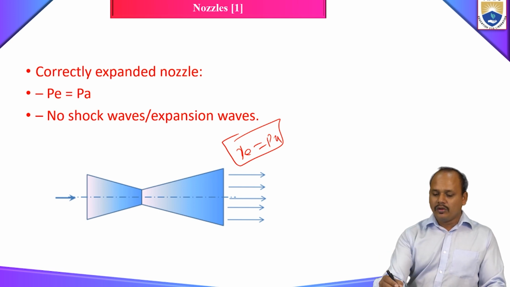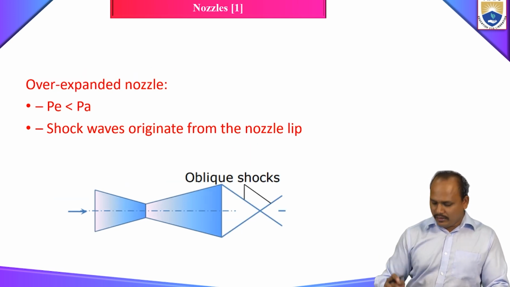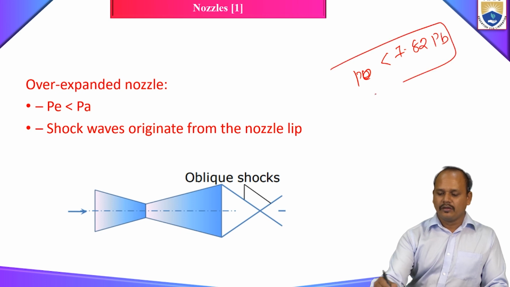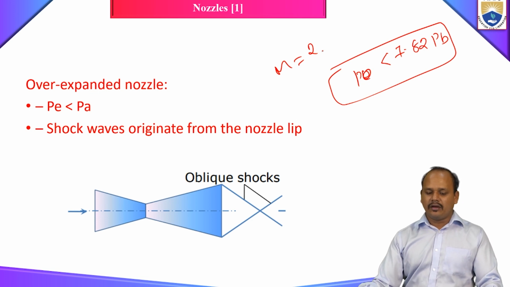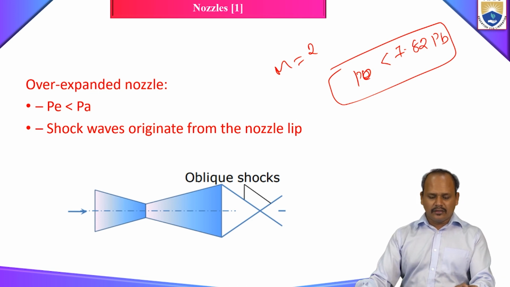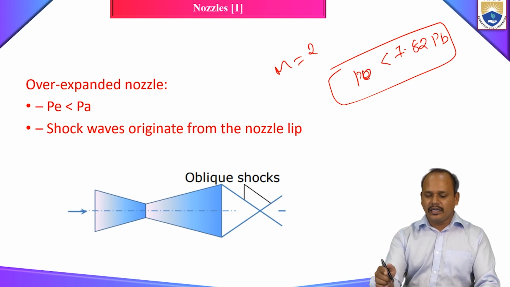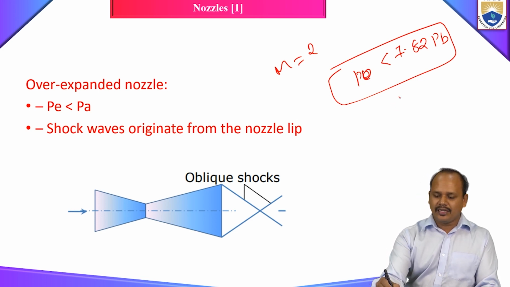Okay, now what if my P naught is less than 7.82 times PB? Let's say we take the same nozzle, which is designed for M equal to 2. This nozzle is capable of expanding 7.82 times PB. Instead of giving 7.82, let's say I give 5 times PB.